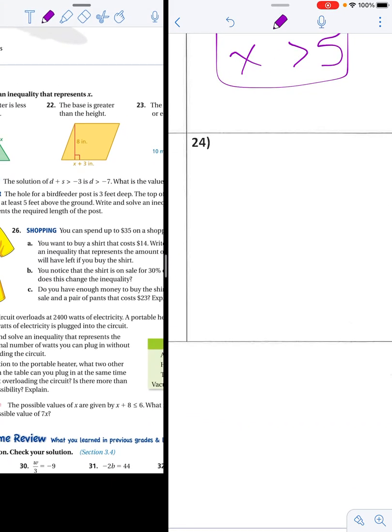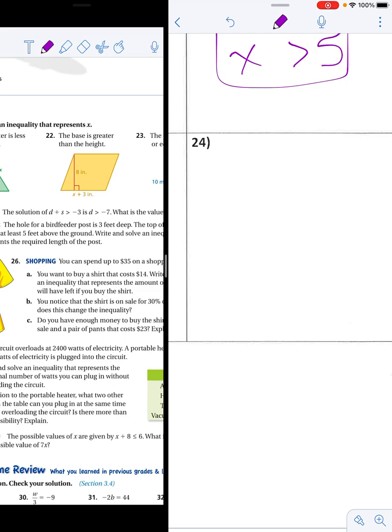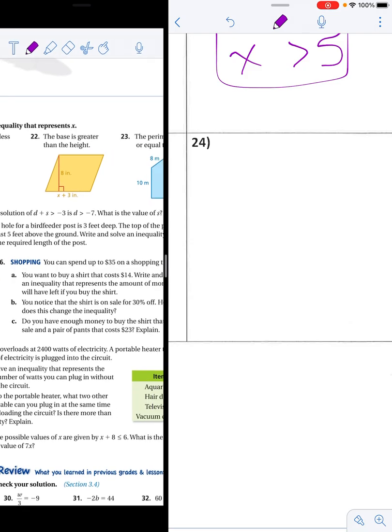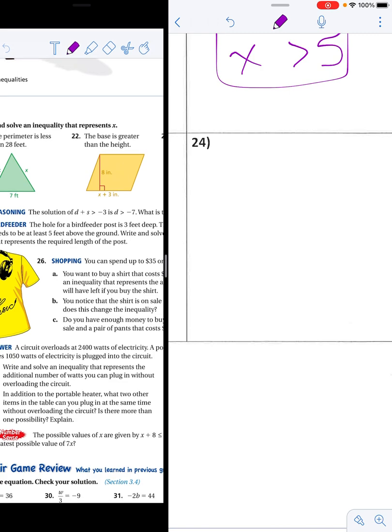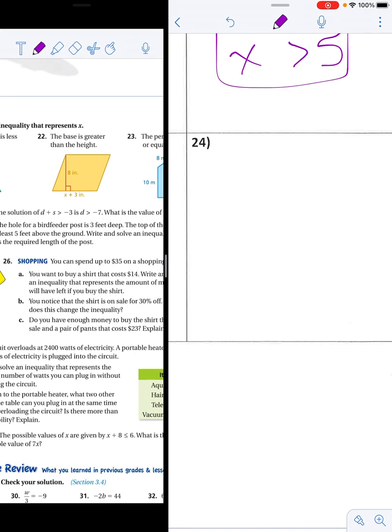Alrighty, moving on to number 24. The solution of d plus s is greater than -3 is d greater than -7. What is the value of s? Okay, so here's what we're doing. We're doing d plus s is greater than -3.